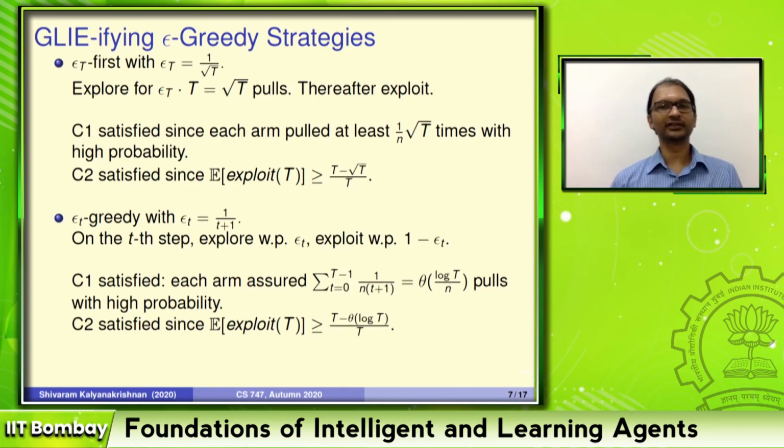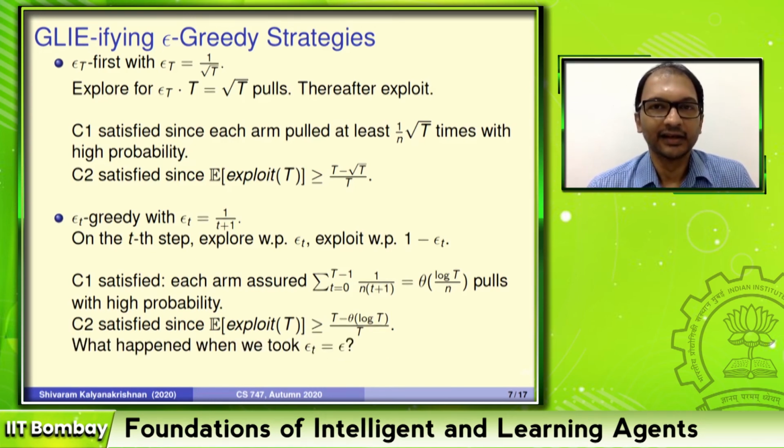So C1 is satisfied. Similarly, C2 is also satisfied because the number of exploit pulls is now t minus theta of log t, divided by capital T, and that number will go to 1, which is what we need. When we took a constant epsilon, not epsilon as a function of t, what went wrong with epsilon greedy?